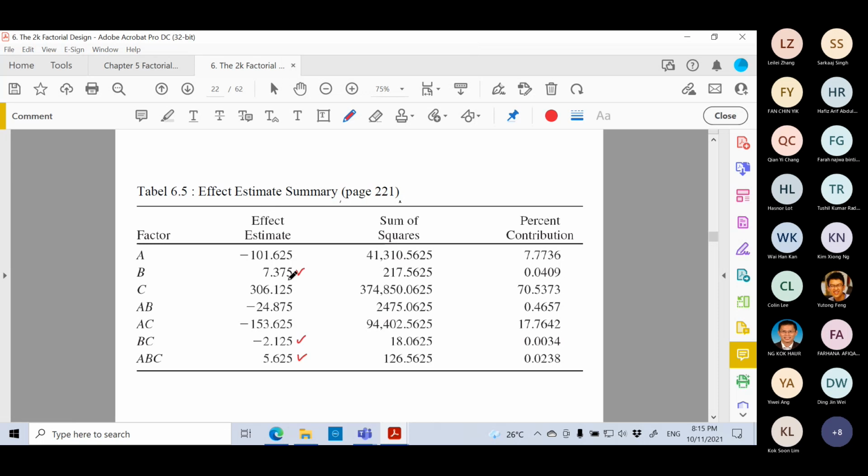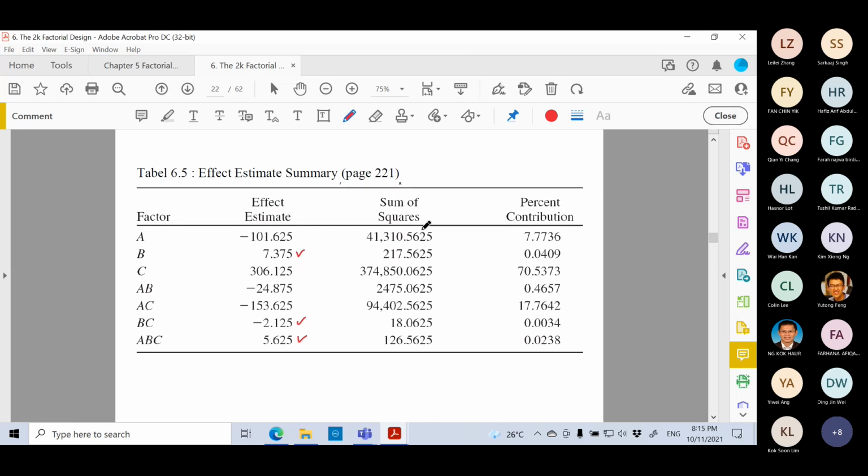Then, from the effect itself, we can get the sum of squares. Once you get your effect, you can get the sum of squares. As I mentioned just now, the effect is just the contrast divided by n times 2 to the power of k minus 1.